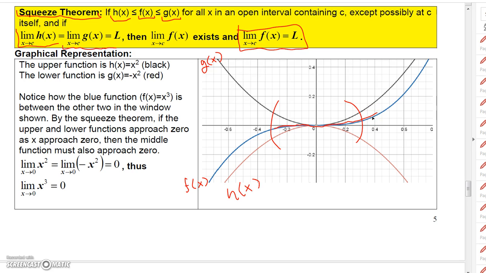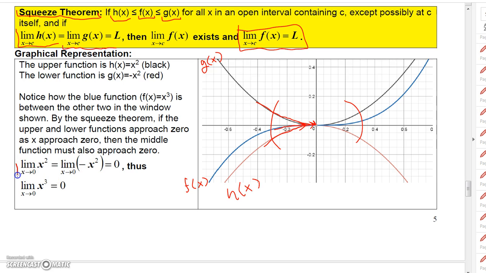So basically, we know this black function as x approaches 0 goes to 0, and we know this red function as x goes to 0 is 0, and since this blue function has to be between the two near 0, then this function must also go to 0. And so that's the squeeze theorem.